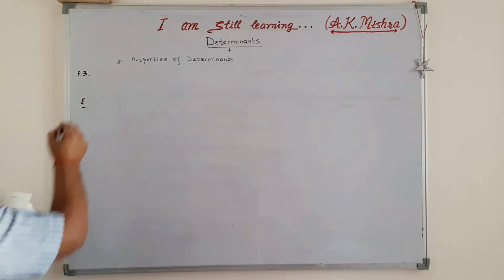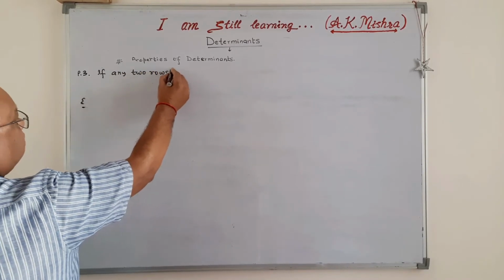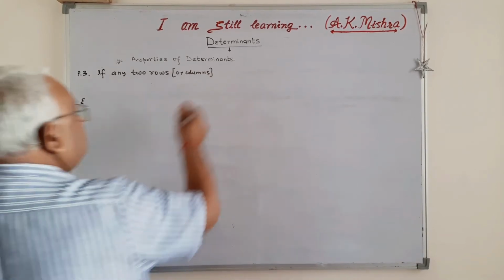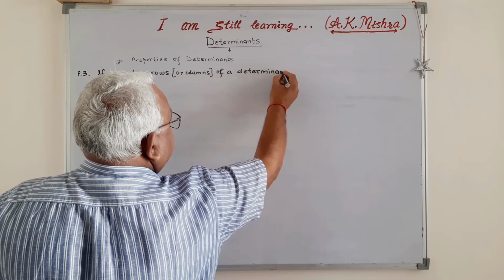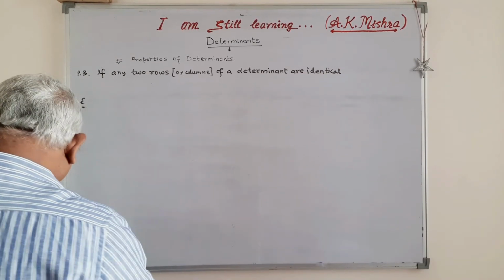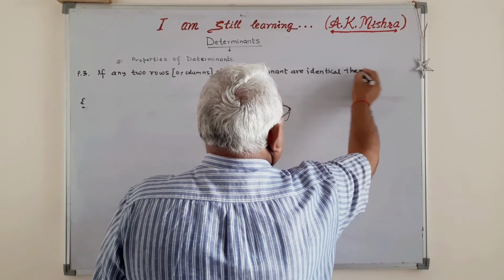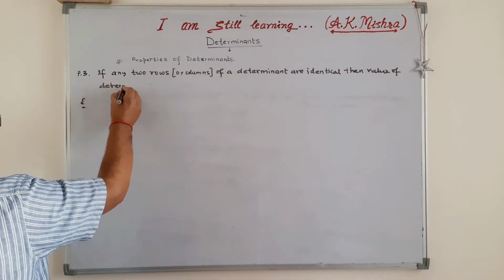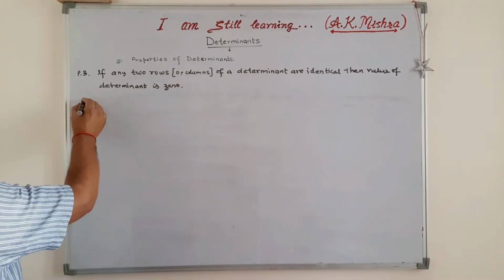P3 says if any two rows or columns of a determinant are identical, then the value of the determinant is 0. Let's take an example.